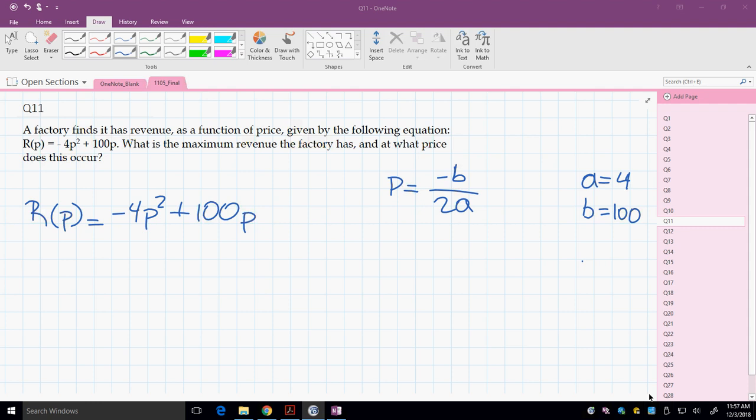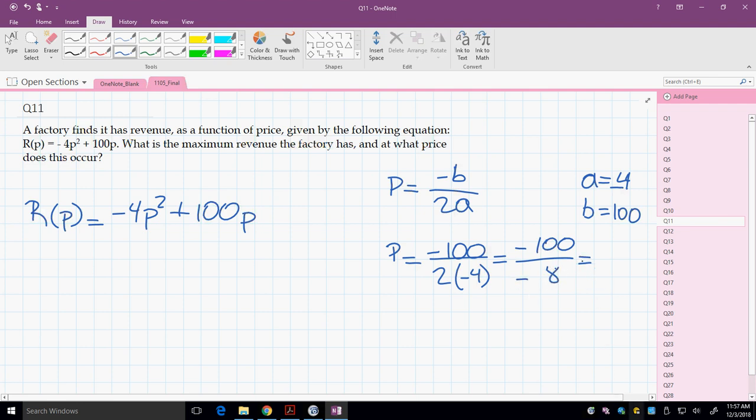To find the price, I'm going to substitute b. It's going to be negative 100 over 2 times a, which is negative 4. So I have negative 100 over negative 8, which equals 25 over 2. That's the maximum price.